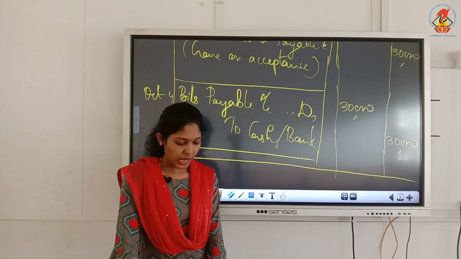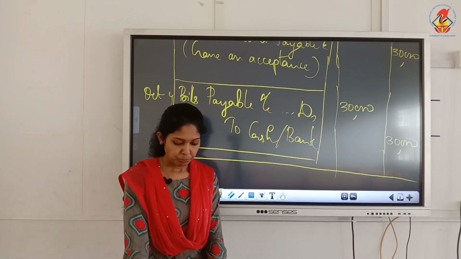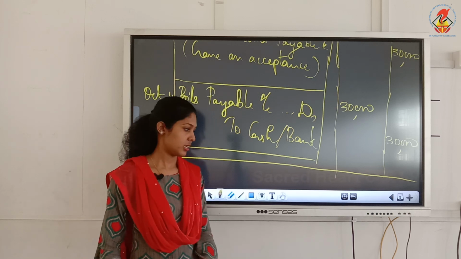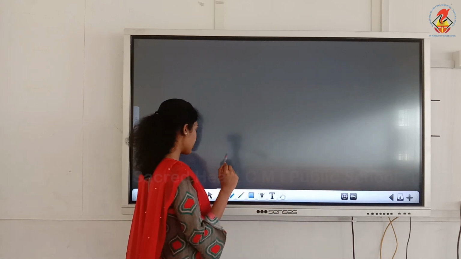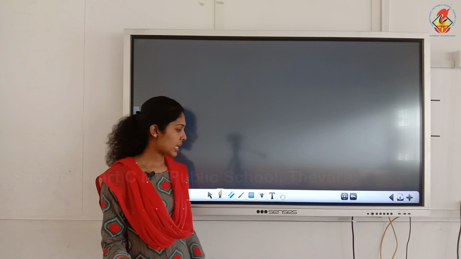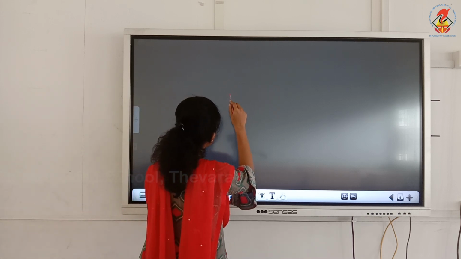Next heading you write, the next case, third case: when the bill is endorsed or negotiated in favor of a creditor. Give the heading 'When the bill is endorsed or negotiated in favor of a creditor'. We will take the same example that we discussed.